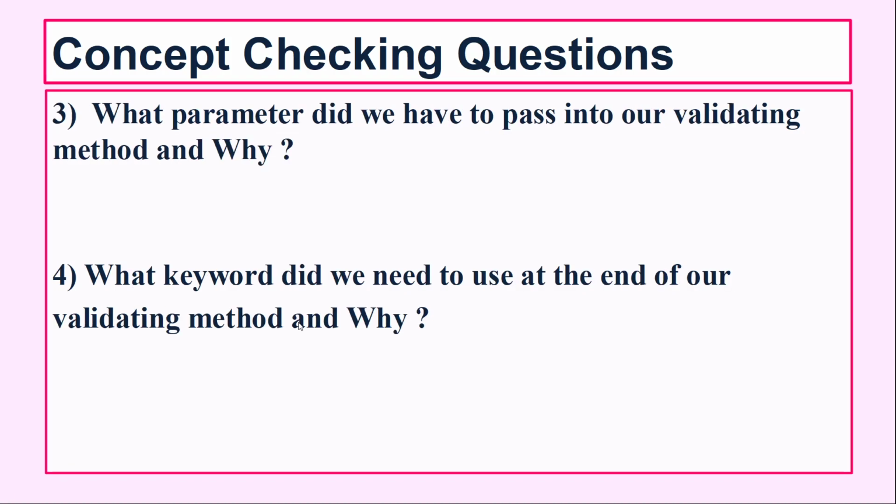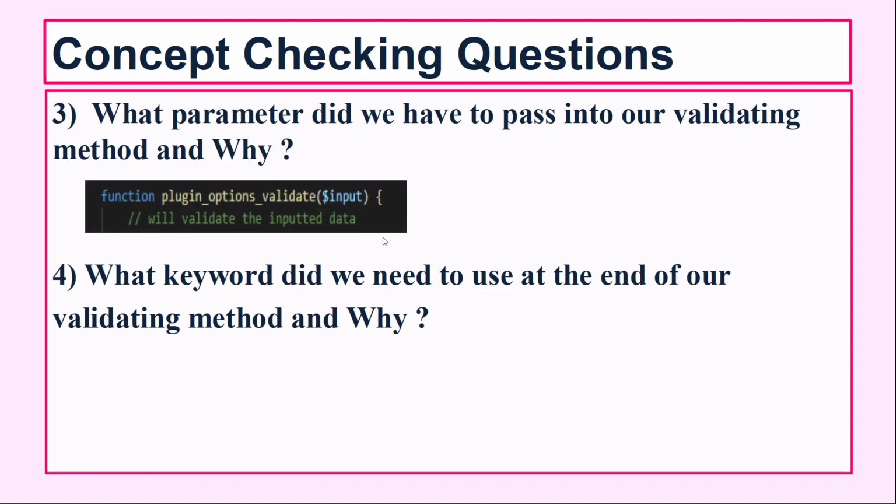What argument did we have to pass into our validating method and why? Well, we had to put in that input value. It doesn't have to be named input, it can be any named value, an array, any name you want, but this is all the data from that setting fields.